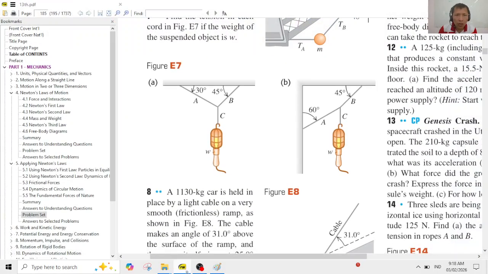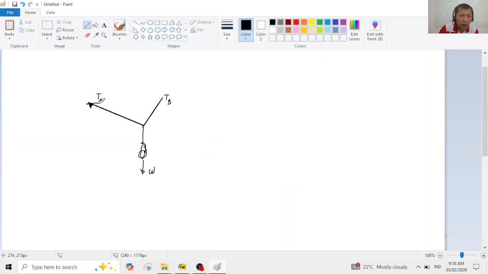Your TA is at 30 degrees, and then your TB is at 45 degrees. Okay, this is your TB at 45.